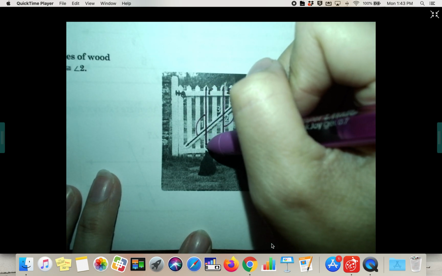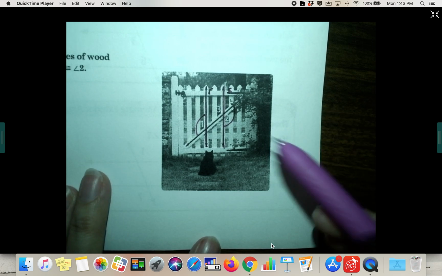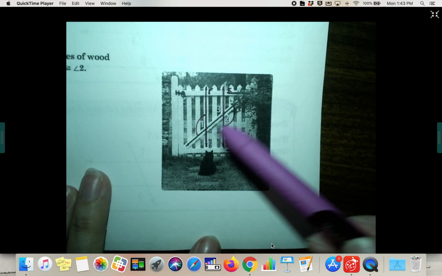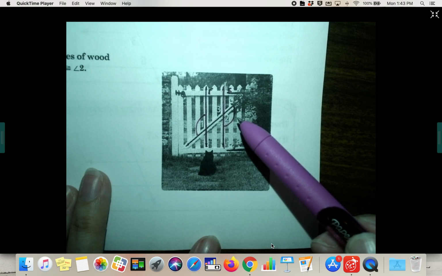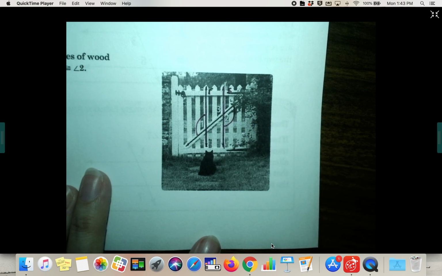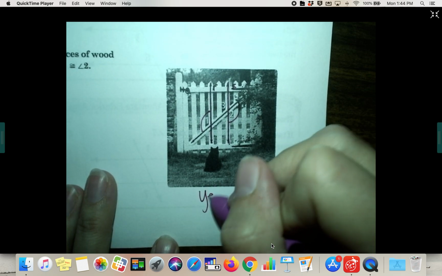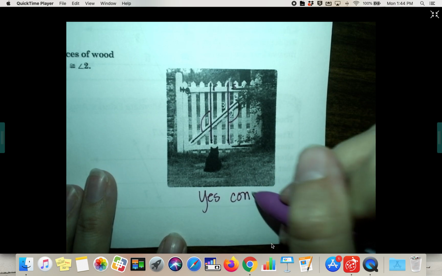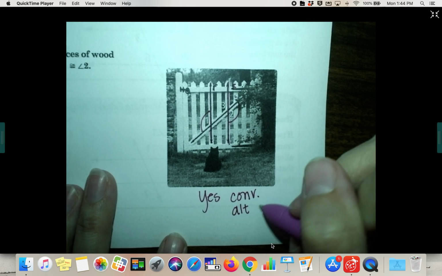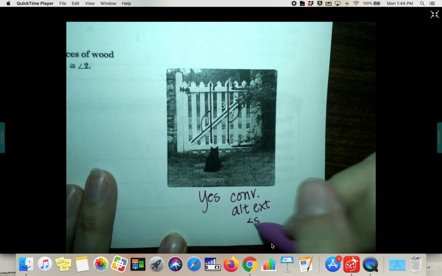So they're wondering if this line is parallel to this line. And I hope you see that they are, because the relationship between angles 1 and 2, if they're congruent, is alternate exterior. So yes, because of the converse of the alternate exterior angles theorem. All right, let's look at the next page.